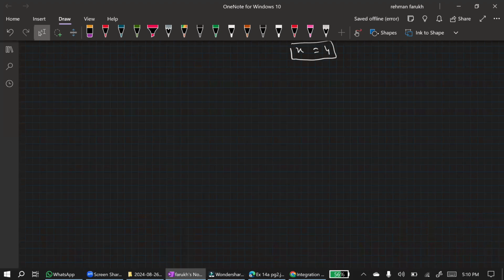Beta ji, now we will further discuss the right angle triangle, its angles and sides. This one is a right angle triangle ABC.